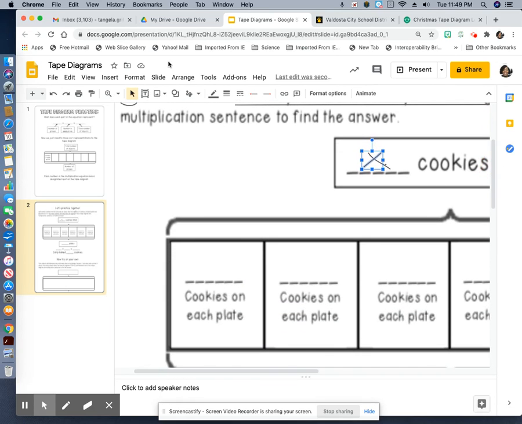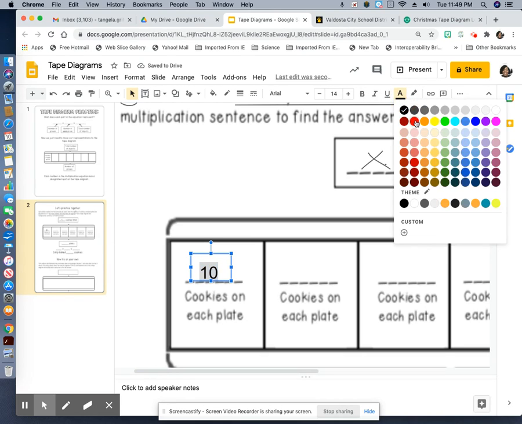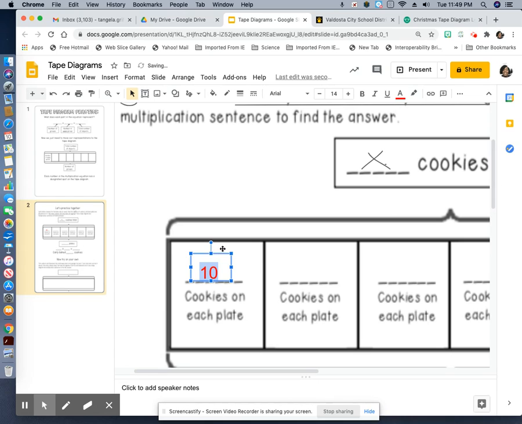Okay, so we're going to use a text box and we're going to put 10 here. Let's change the color of it so it pops and we can really see it. Let's change it to red. Let's Control C to copy and Control V to paste.